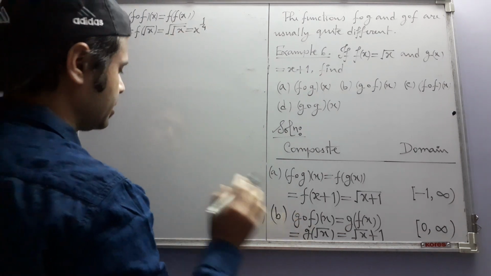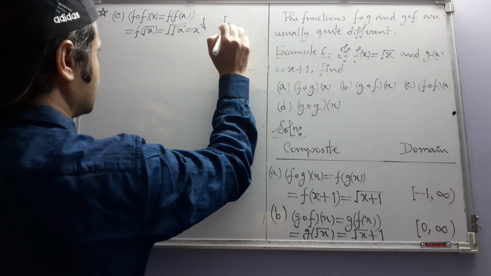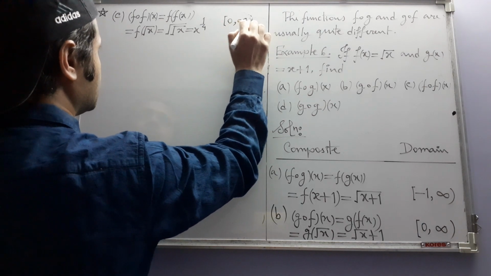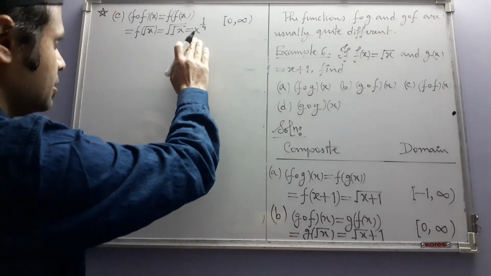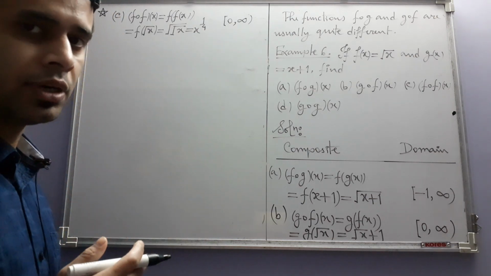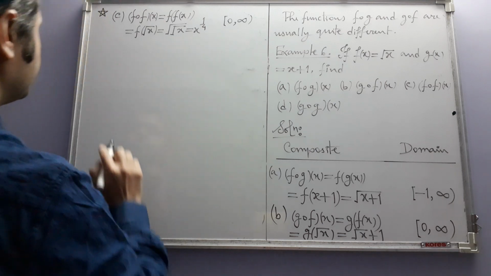Here also, just like the square root, the second case, the natural domain is the set of all non-negative real numbers, because in this case also you cannot take negative real numbers, everything else you can take.